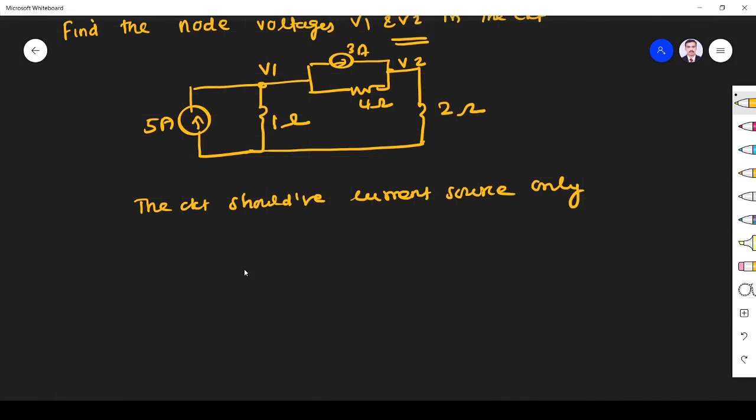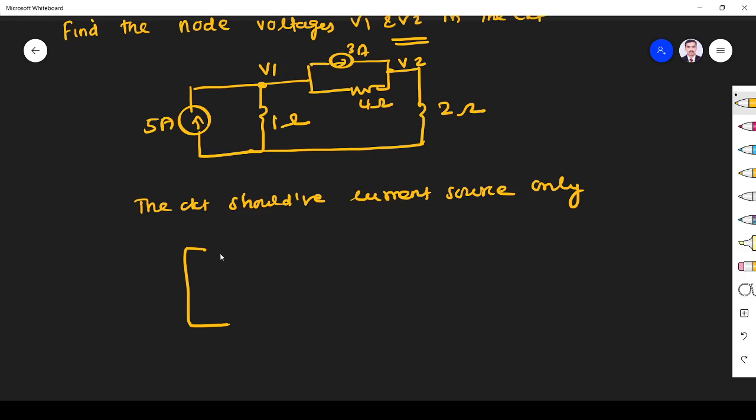So I have to write a node equation. We have 2 nodes, so we write a 2 by 2 matrix. How to write that? In the first node, you see what resistors are connected. Here we have a 1 ohm resistor connected to this node and a 4 ohm resistor connected to this node.